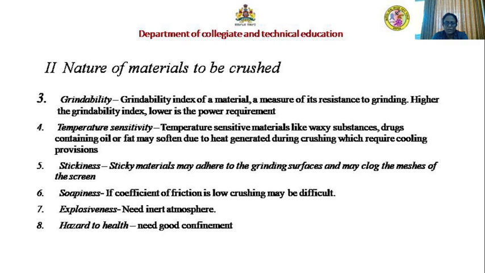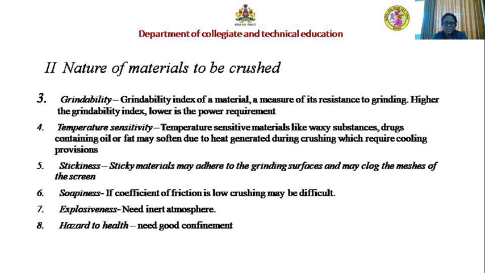If this value is higher, then the power requirement in the given size reduction machine is lower. So we need to get the data of grindability index for a given material so that we will know what power is to be given for a particular size reduction operation.